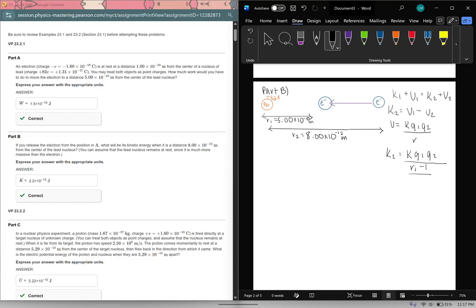Let me double check the formula again. I think I made a mistake.